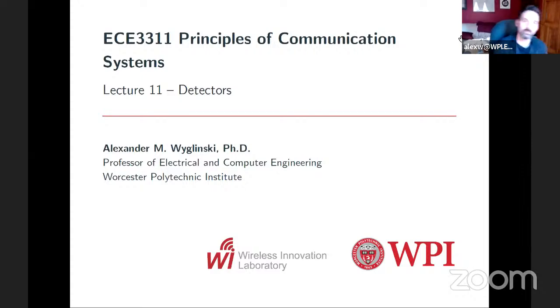But before we jump into those, I'm going to give a quick overview of what's involved, referring to the course textbook, Couch 8th edition. Once you develop those waveforms, we're going to do a quick introduction to a couple of them, particularly amplitude modulation and phase modulation.